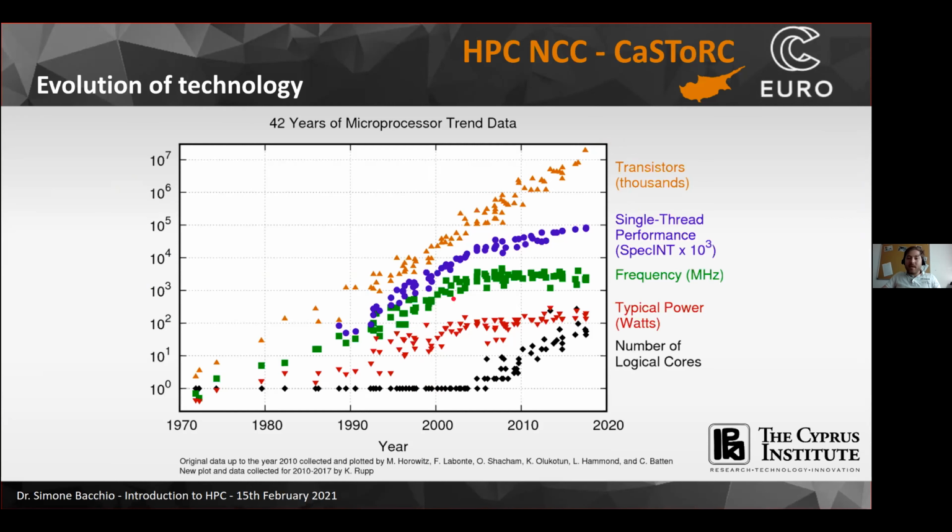To compensate for those limits in technology that cannot be overcome, like the frequency, companies started to exploit other ways to increase performance.